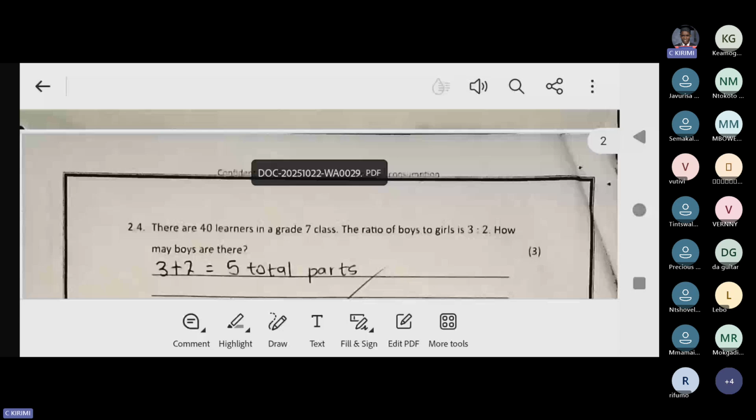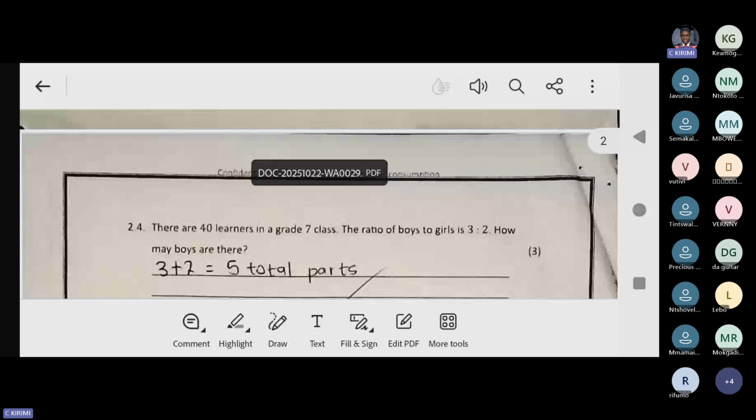So for 2.4, there are 40 learners in a grade 7 class. The ratio of boys to girls is 3 to 2. How many boys are there? So you can correct these ones: instead of may, how many.